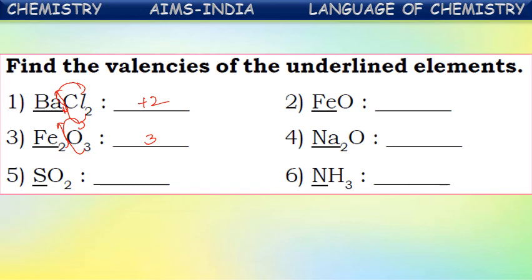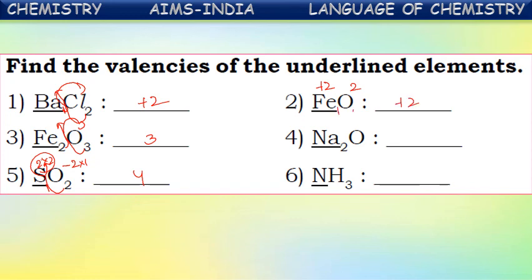SO2. See here it is 1, but oxygen always shows -2. So obviously if you write, here 1 is there, so 1 into 2. Obviously here 2 is there, so 2 into 2. Here sulfur shows valency 4. Iron oxide. Oxygen shows 2. Iron shows +2 here. Both get cancelled. That's why here 1 and 1 they have given.